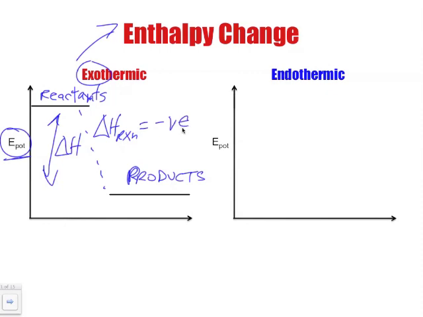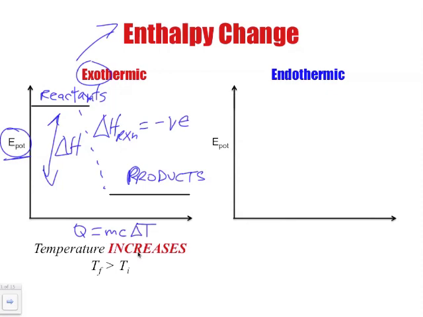In other words, temperature is going to increase in an exothermic reaction. So if we're looking at the equation Q is equal to mc delta T, if this delta T is positive, that's the only way to get a negative value for our Q.